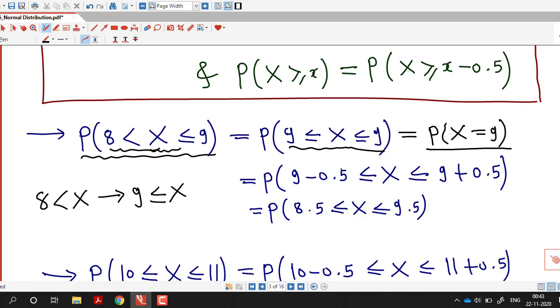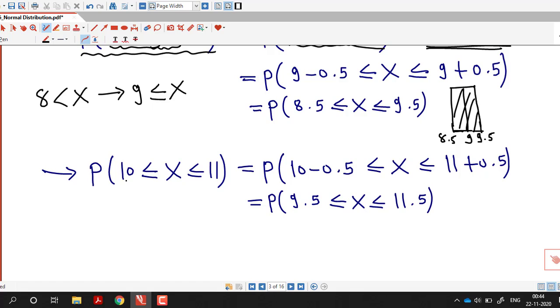This probability is nothing but the probability that 9 minus 0.5 is less than or equal to X less than or equal to 9 plus 0.5, that is 8.5 less than or equal to X less than or equal to 9.5. So simply we are considering the rectangle with center 9 and half-width 0.5. This point is 8.5, this point is 9.5. So the area of this rectangle is nothing but the probability that X equal to 9.